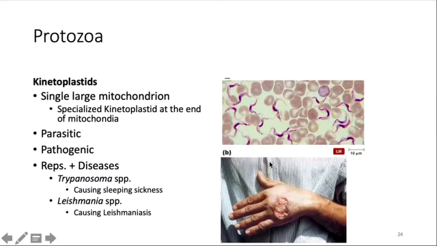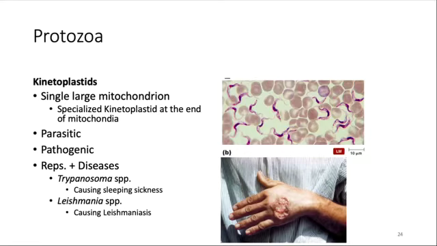Then the kinetoplastids, they have a single mitochondrion, and the mitochondrion is specialized. So there is a specialized kinetoplast at the end of the mitochondrion. They are parasitic, pathogenic as well.